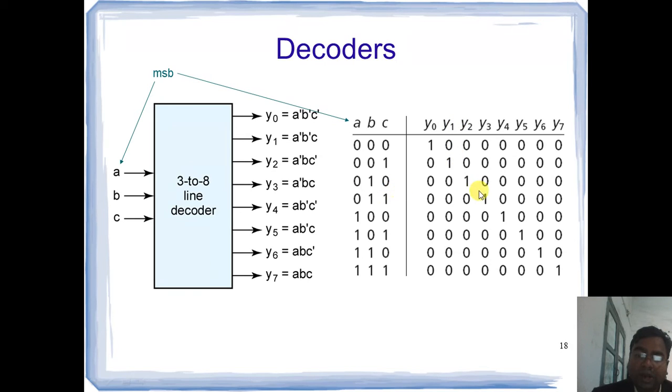This is 2, Y2 is active. This is 3, Y3 is active. This is 4, we have Y4 active, 5, Y5, 6, Y6, and 7, Y7 is active. So we are basically converting a binary number to the corresponding decimal number output. So this can be used for this application also.